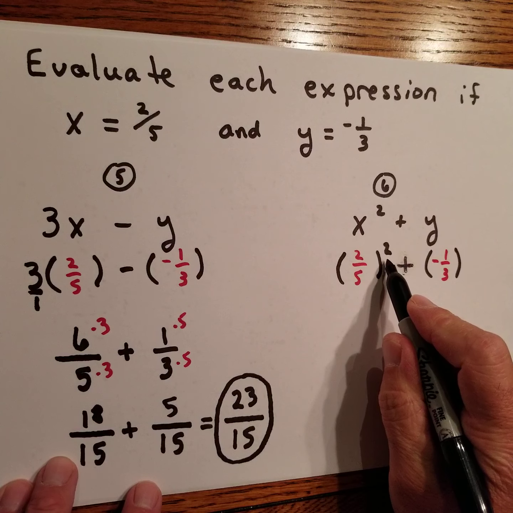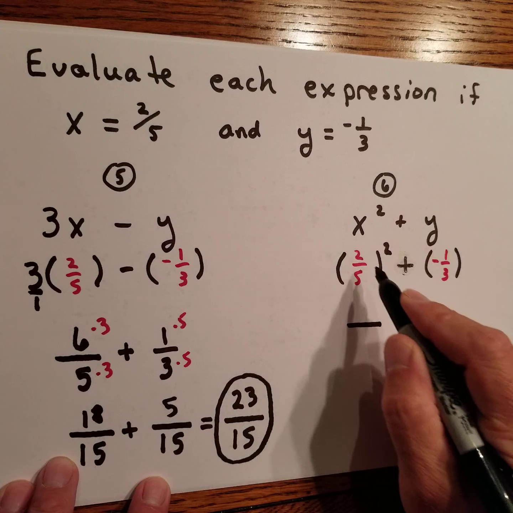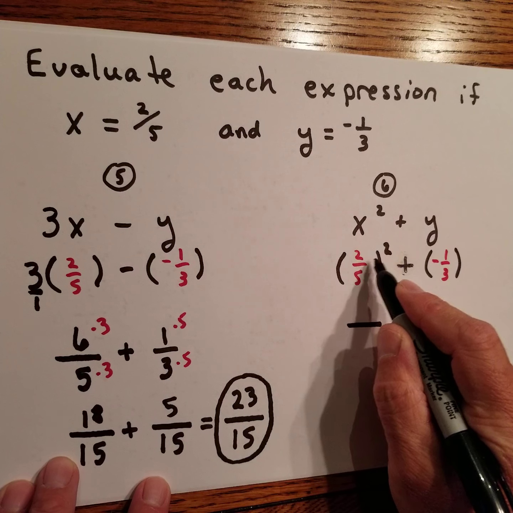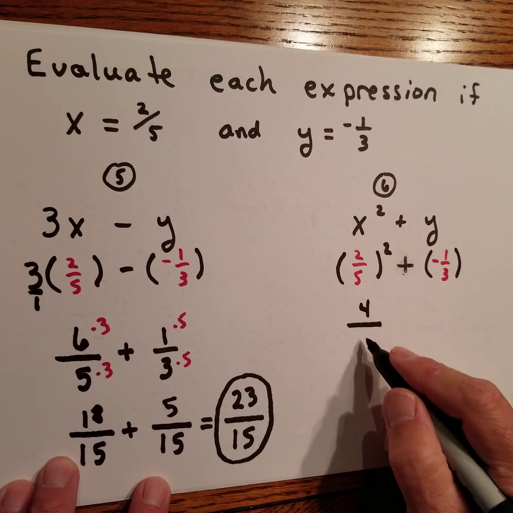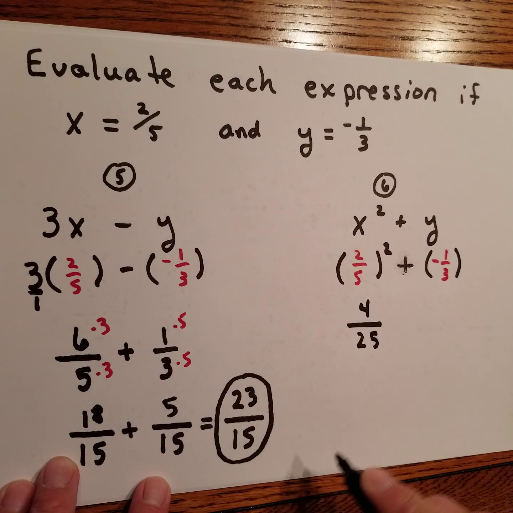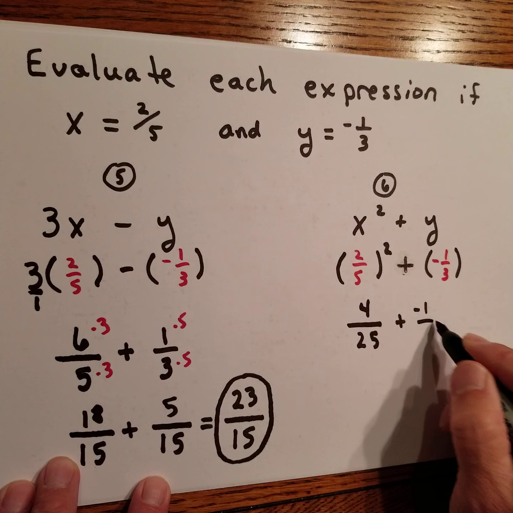I should use my exponent before I add. 2/5 squared, take the 2 and square it, 2 times 2. Take the 5 and square it, 5 times 5. And then we'll copy the plus -1/3.